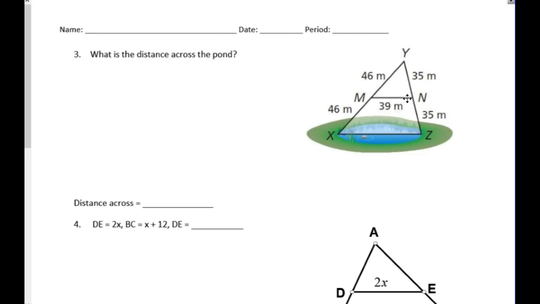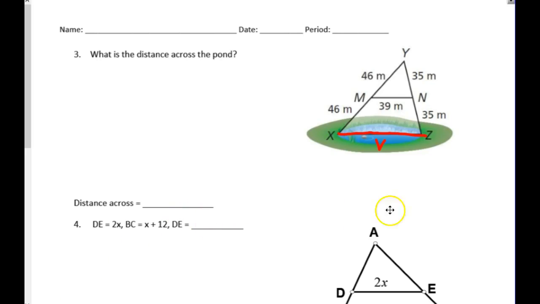It happened randomly that there would be a triangle sticking out of a pond and that they would ask to find out the distance across the pond from X to Z. Right. So from X to Z, I'm going to label that V, just because that's the variable we're not using yet.